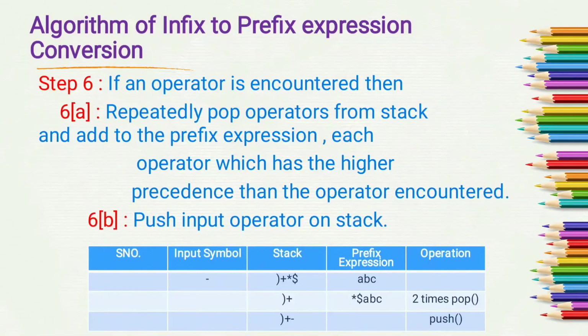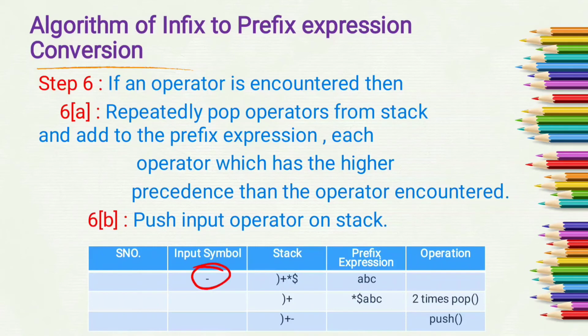You can also see here that as the minus operator is encountered as the input symbol and dollar has higher precedence than minus, we have to pop this dollar from the stack and add it into the prefix expression. Now the top of the stack operator is multiplication which also has higher precedence than minus, so we pop it from the stack and add it into the prefix expression.